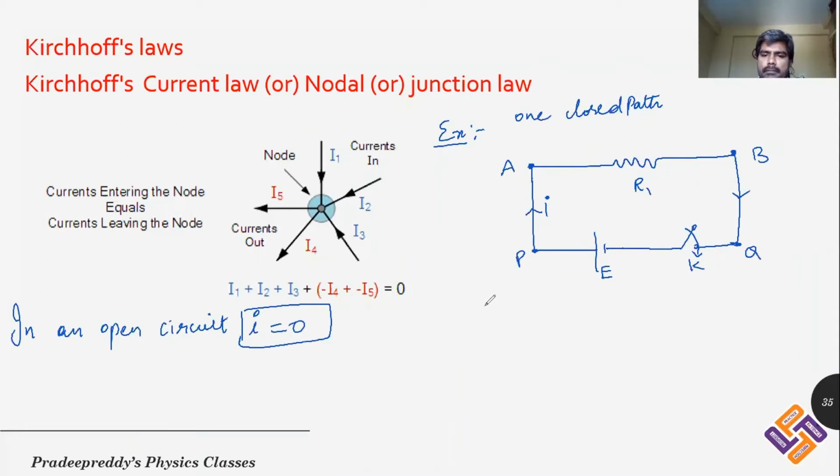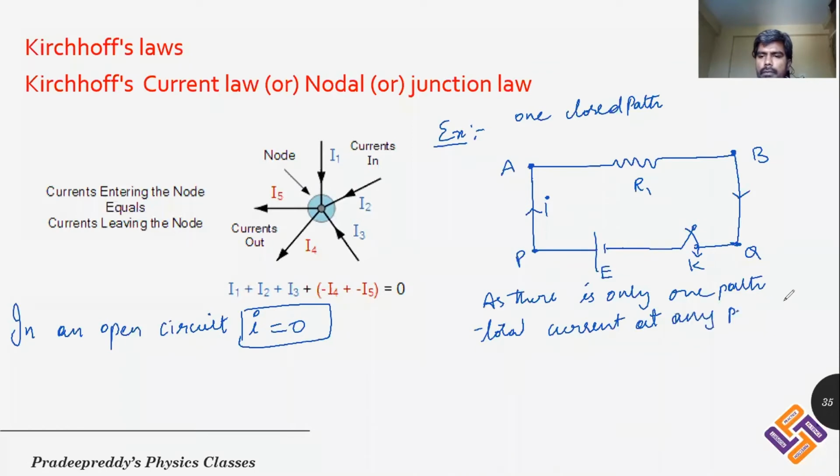So as there is only one path, total current at any part of the circuit is same.